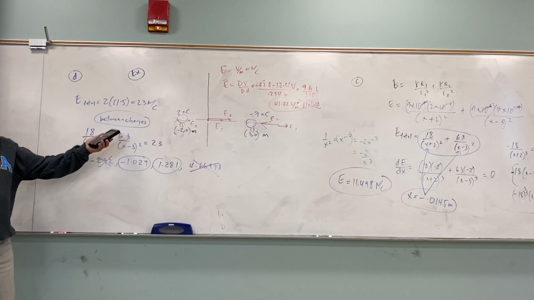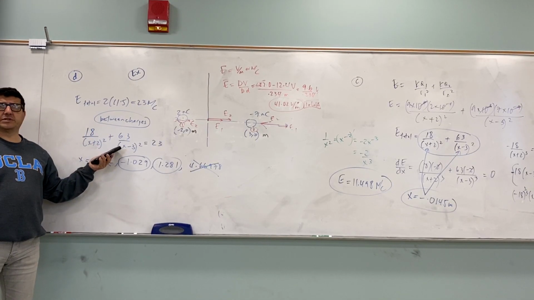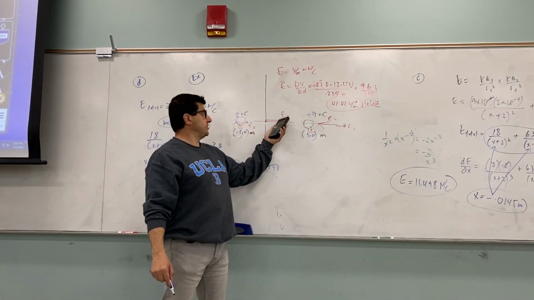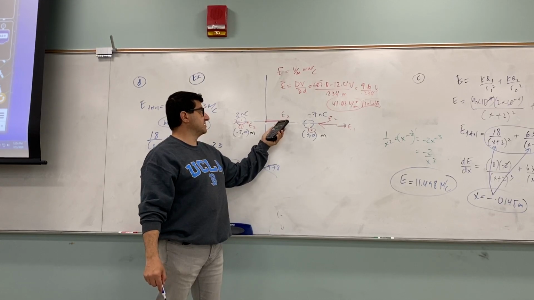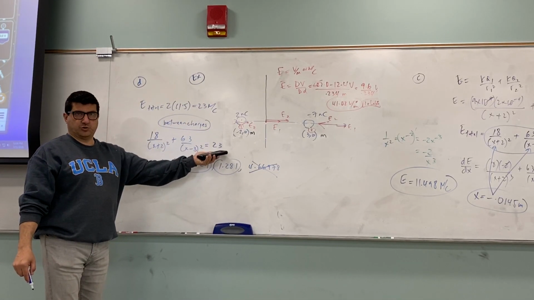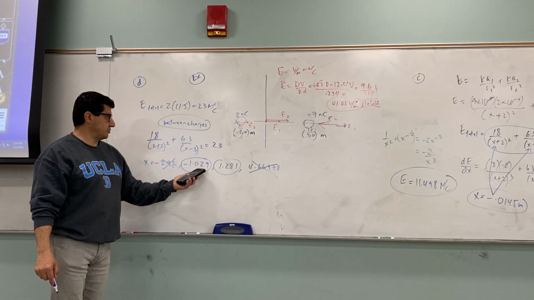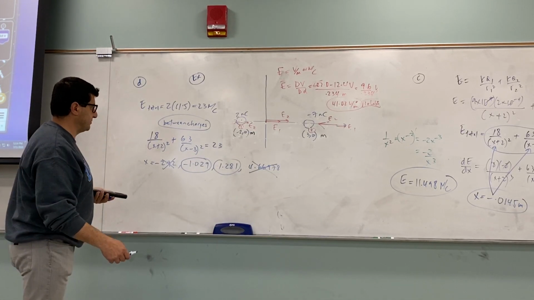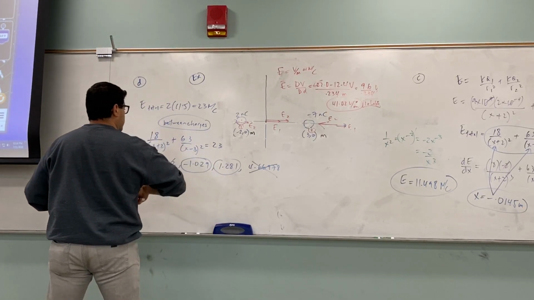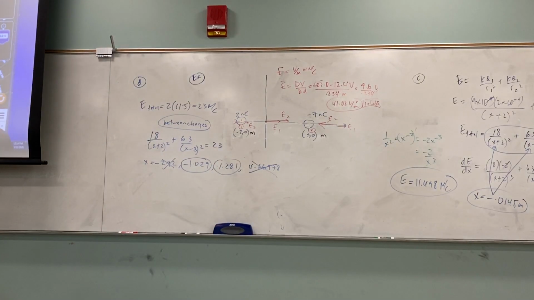Why? Because this electric field equation applies when you're in the region between the charges. When you're in the region between the 2 charges, the electric fields add up, and then their sum must equal 23. So only accept the two possibilities, 1.029. Let's see if that works. 1.029.